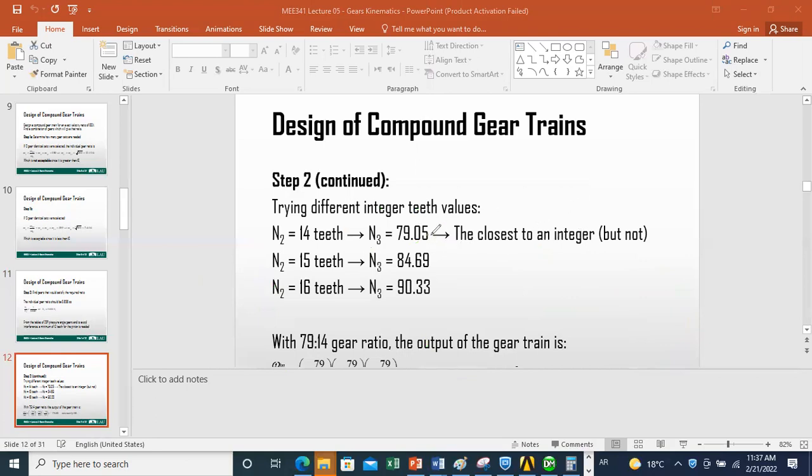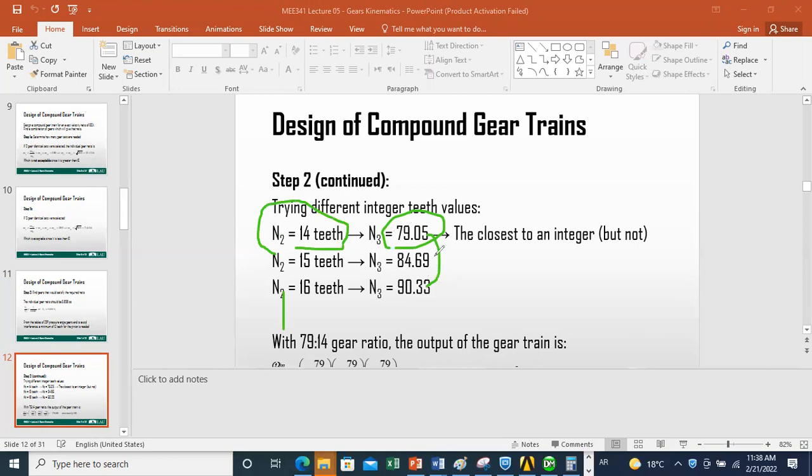So if you observe these three, the closest one to an integer value is this one, which is 79.05. So I can say I cannot with these conditions. Now I can keep trying. Or since I have freedom in the design and not many constraints, I can say that 14 for the pinion is good, and instead of taking them identical.